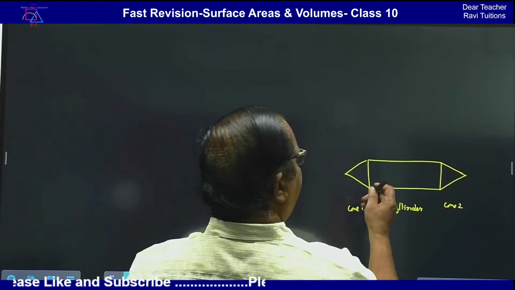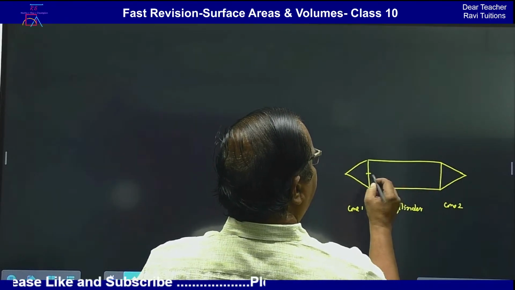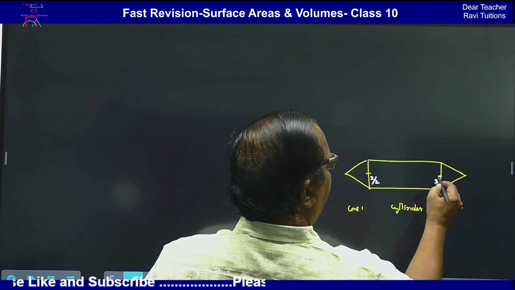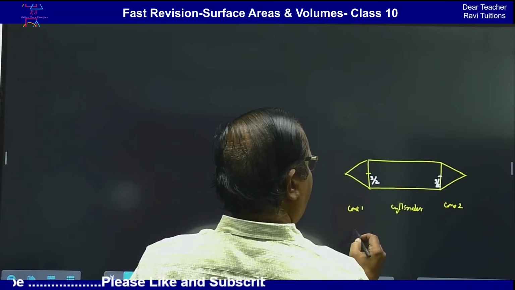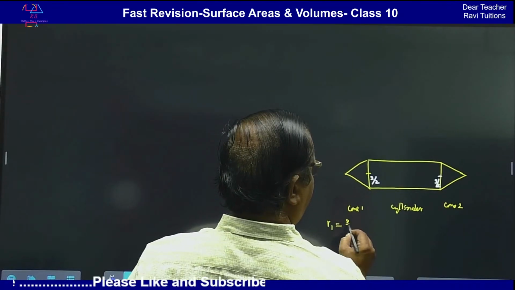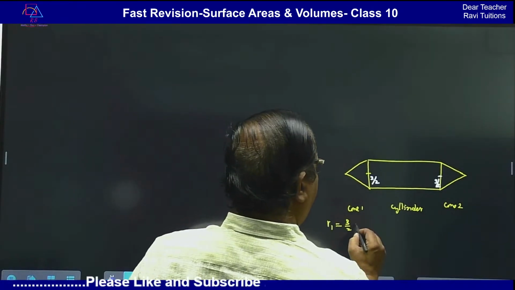So diameter is 3, then radius is 3 by 2. Now let us write R1, the radius of cone, is equal to 3 by 2 centimeter.